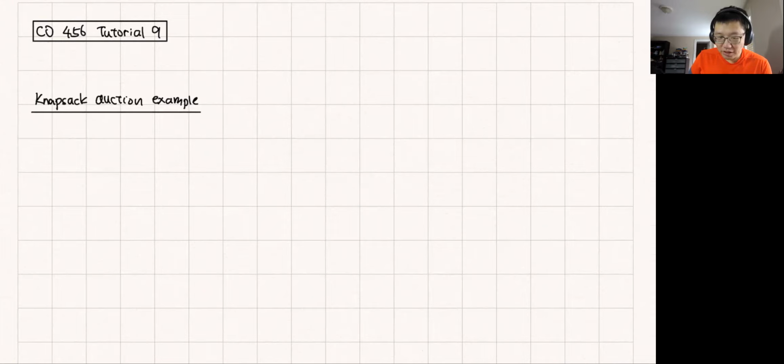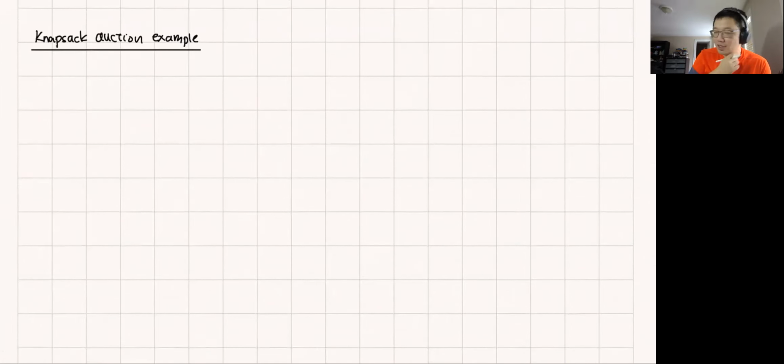Okay, so for the Knapsack auction, remember that it is not efficiently implementable for offer maximization. So we have an approximation algorithm for it. The approximation algorithm is fairly straightforward. It will rank everything according to its density.